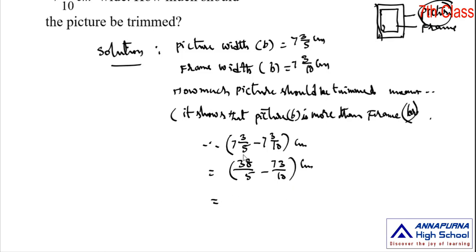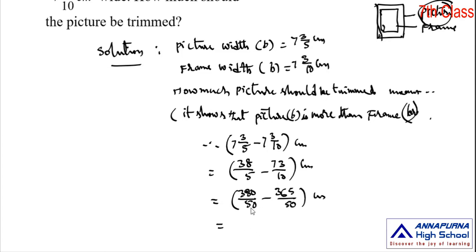As we know that by cross multiplication, we can convert into the like fraction. 10 into 38, 380 by 10 into 5, 50, minus, now you multiply this numerator and denominator by 5. 73 5s are 5 3s 15, 1 is there, 5 7s 35 plus 1 36, therefore 365 by 5 10s 50. Now we converted into the like fractions.